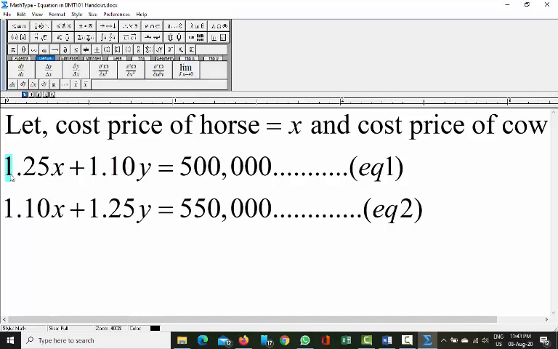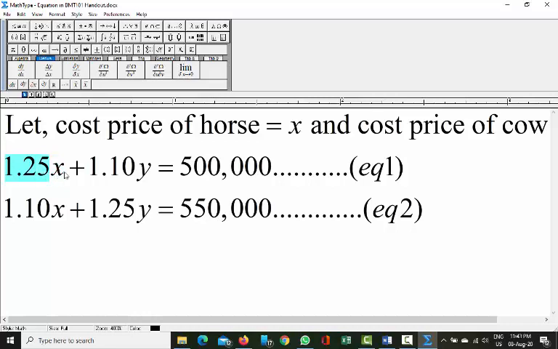Out of 1 taka you are making 25 paisa profit. So with cost 1 taka and profit 25 paisa, the sales price is 1.25 taka.